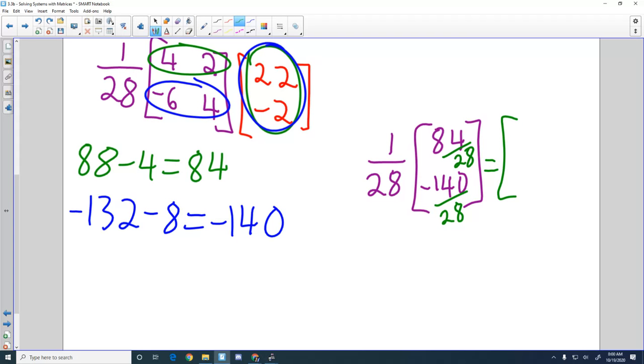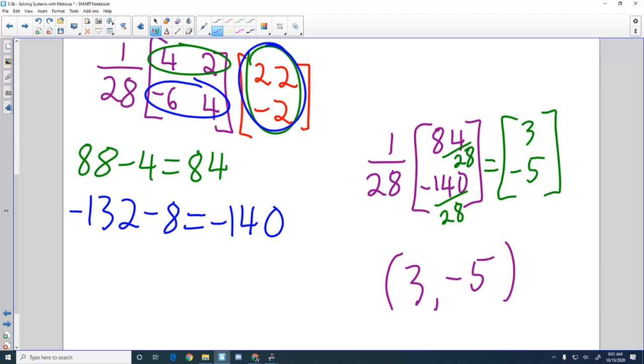What do we get? 3 and negative 5. So the solution to this system of equations, we write as an ordered pair: 3 comma negative 5.